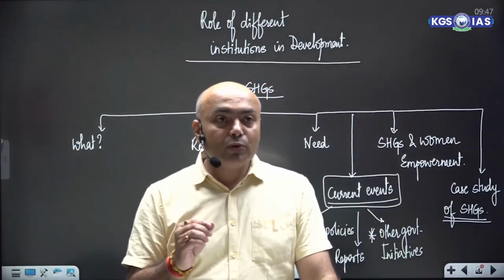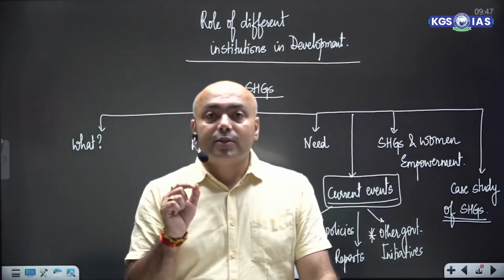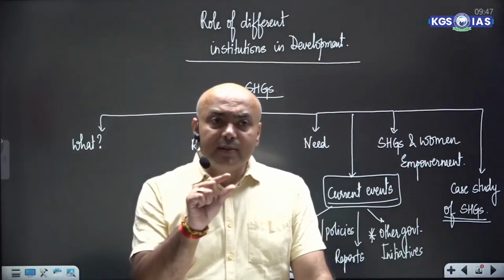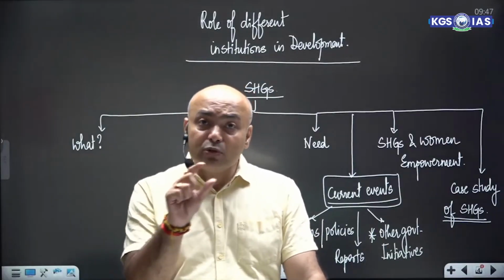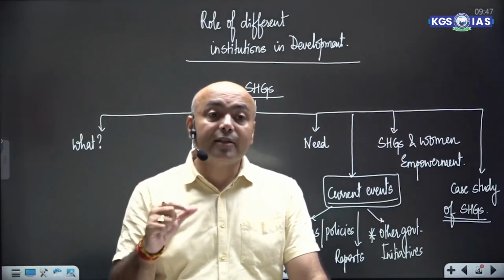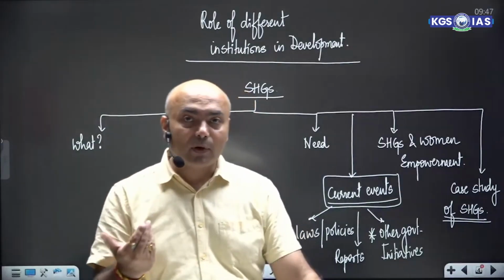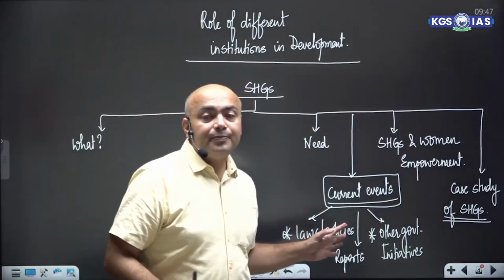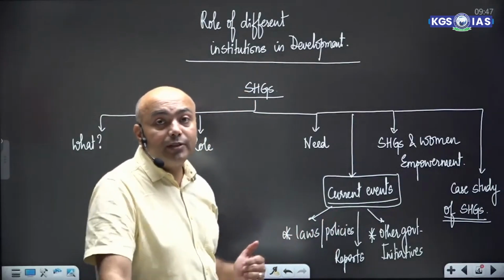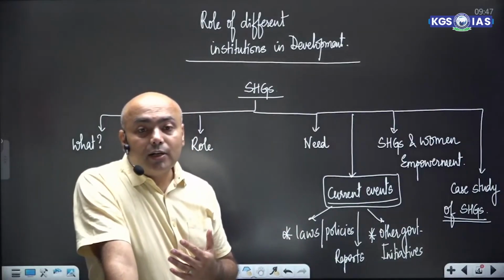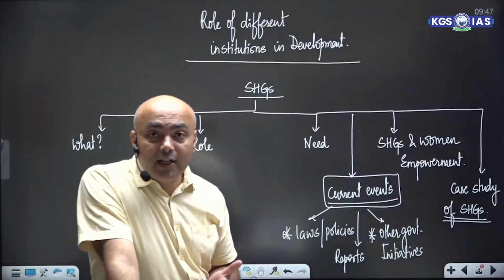So what are you supposed to do? You are supposed to take up all these aspects and prepare for them, because Niti Aayog is primarily a think tank of the government.